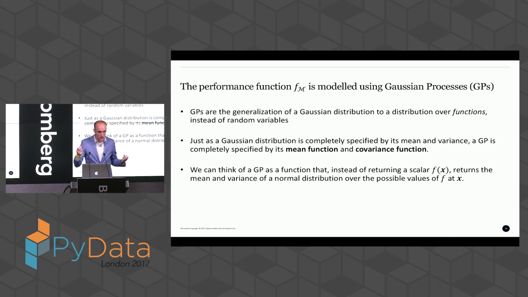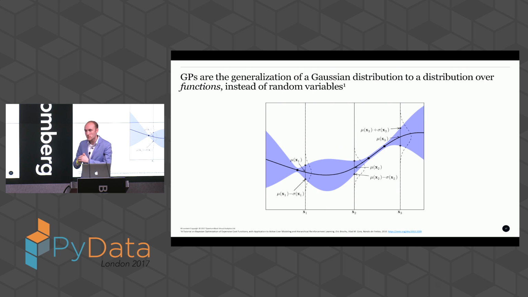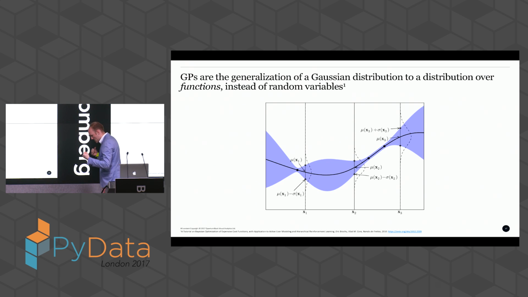I realize this is quite a lot to digest, so I've put this plot here in the hopes that it makes this idea a little bit more clear. If you've already dealt with Gaussian processes in the past, you may have seen this picture before. It really shows what I was just talking about: the Gaussian process is a function that at any point returns the mean and standard deviation of a normal distribution at that point.